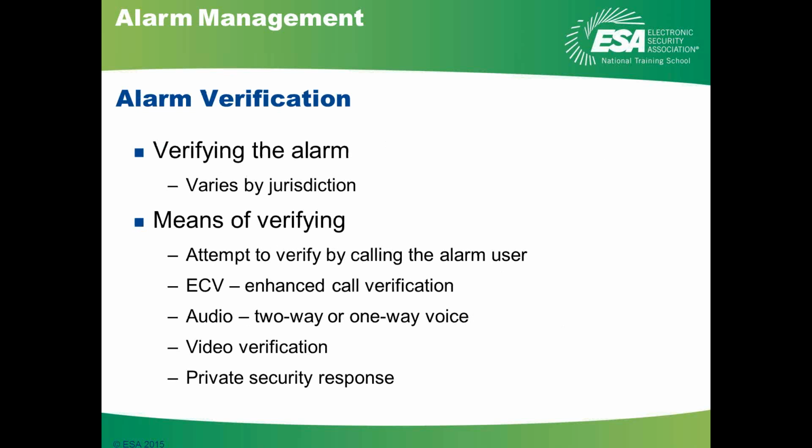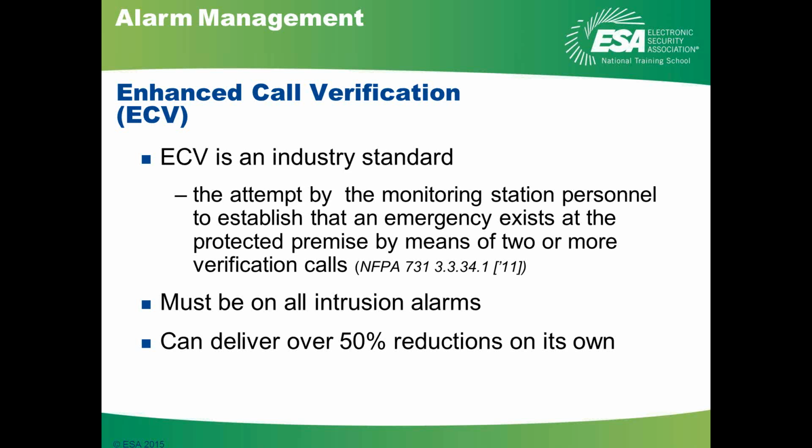Then we got into alarm verification and various alarm verification methods. And then we went into ECV. You'll also notice that we're referencing, even in here, 731, the section of 731 where it applies.